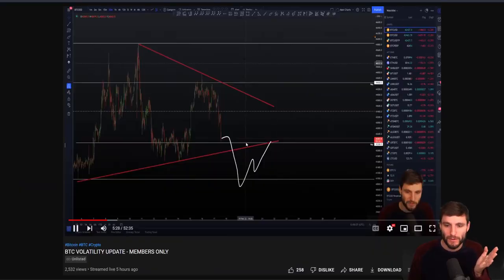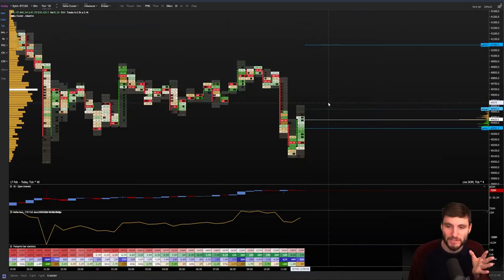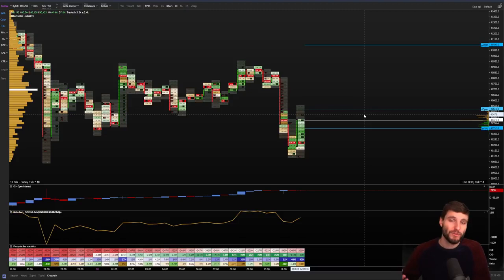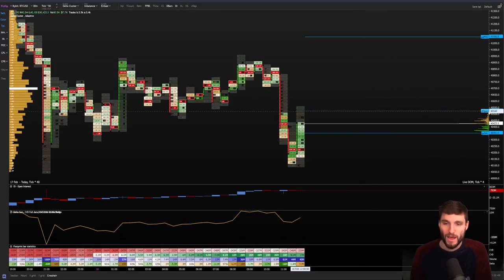It's all well and good drawing a line, but let's make informed decisions, not just based off an idea, but based off the actual statistical evidence that comes in. It really is how you step away from the competition, period. It's what turns that 50-50 gamble into 95% win rates, because we're actually trading the data. There's nothing that can lie on this. And I know that that's very, very powerful.